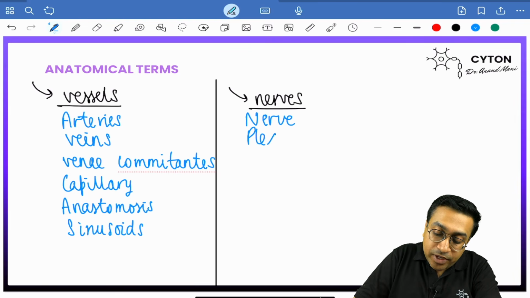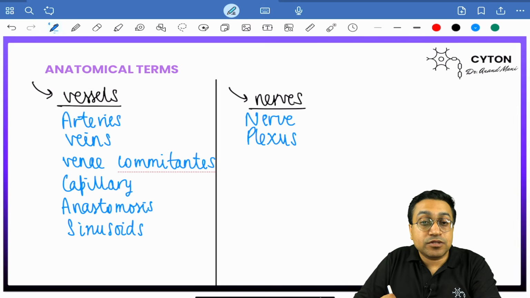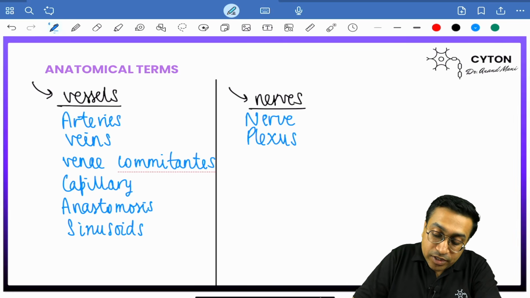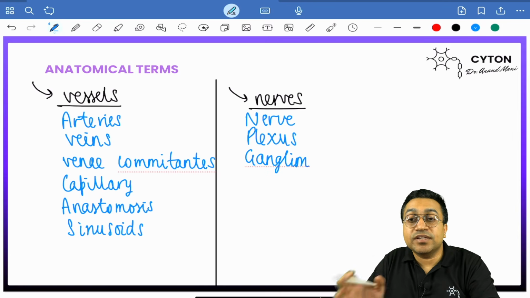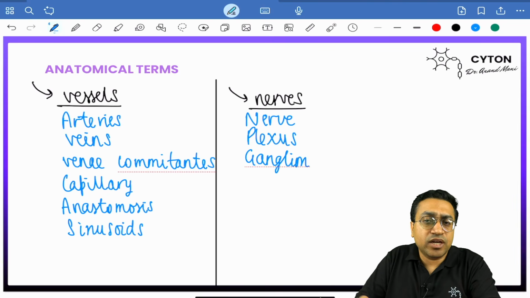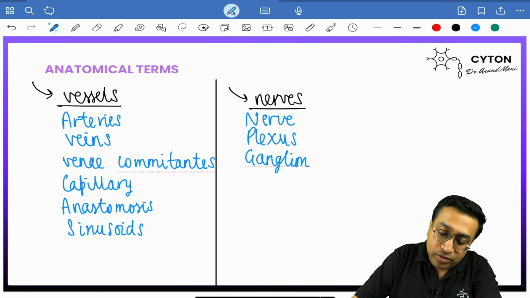Then there is plexus, that is network of nerves. Okay, ganglion, the group of neuronal cell bodies outside the central nervous system. There may be sympathetic ganglion, there may be parasympathetic ganglion, which you will read about in detail later on.